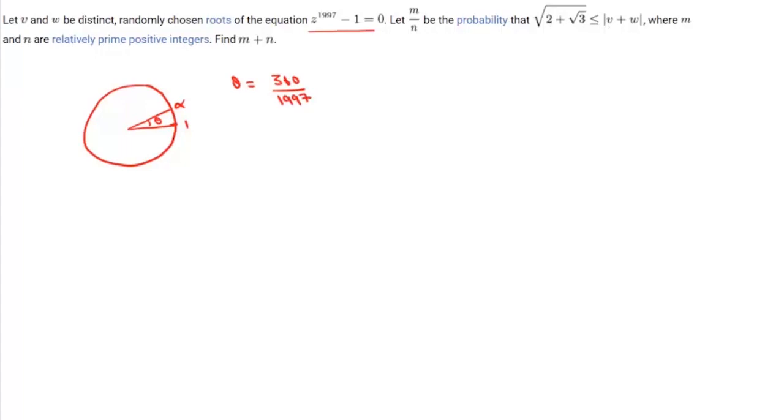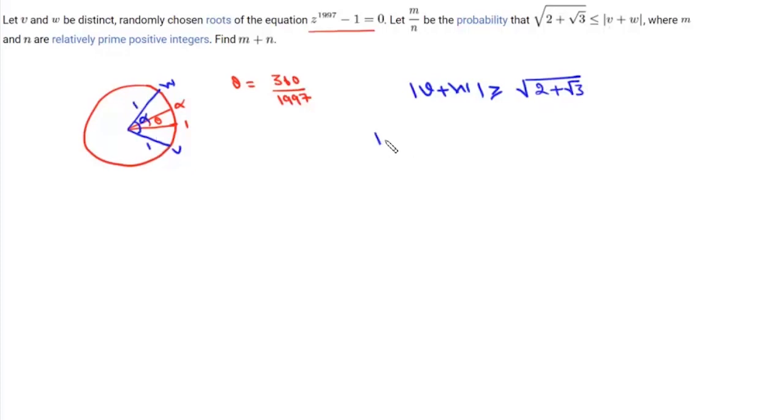Now suppose we have two roots, say v and w, and the angle between them is say alpha, then we can write mod of v plus w is greater than or equal to root of 2 plus root 3. Now we know that the modulus of a root of unity is 1.